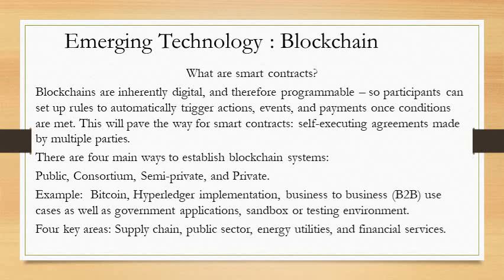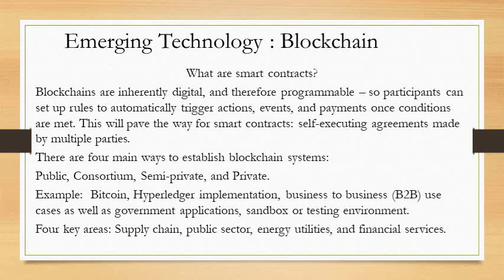Then we have the semi-private blockchain system, which is run by a single company that grants access to any user who qualifies, and they typically target business-to-business users. Examples of semi-private blockchains could include ones for government entities for record keeping, land titles, public records, etc.